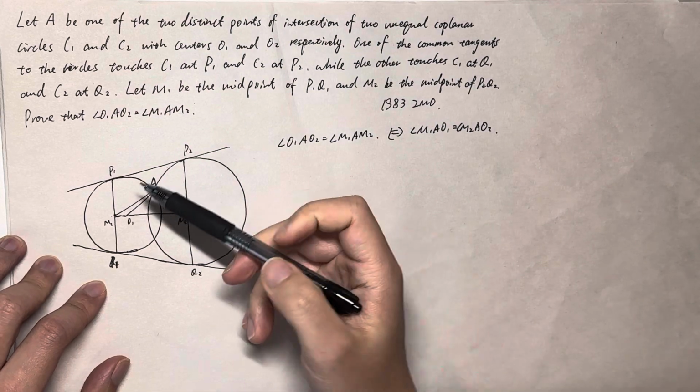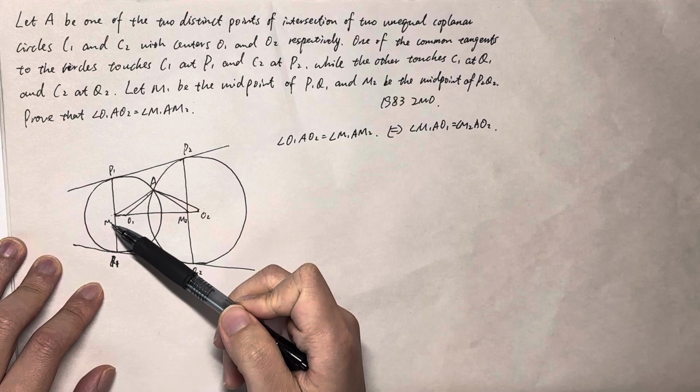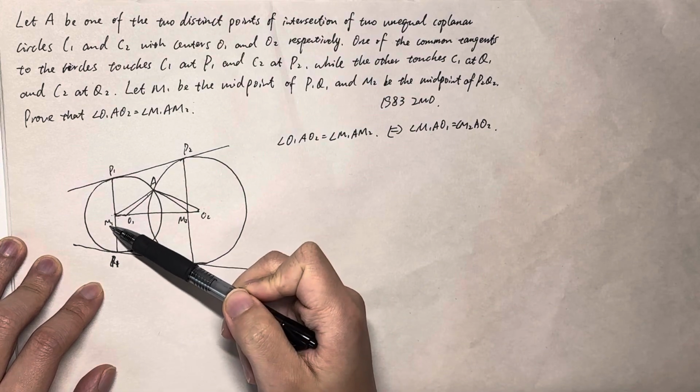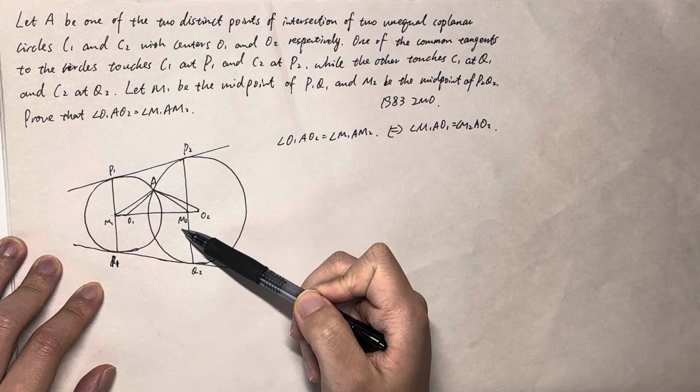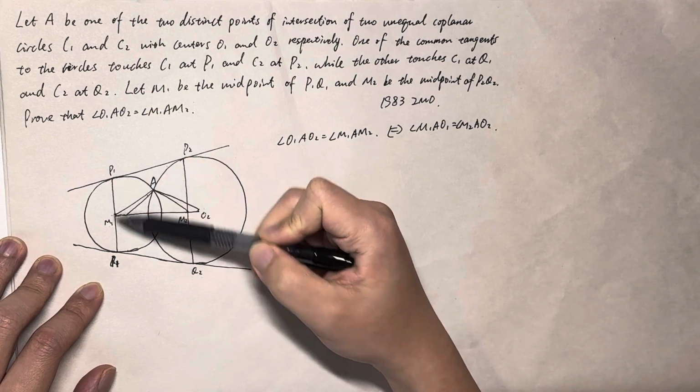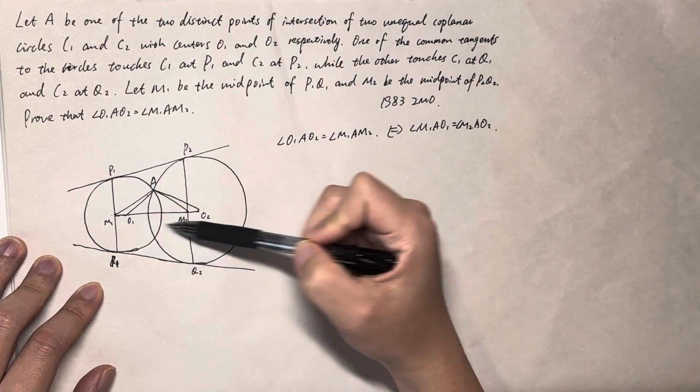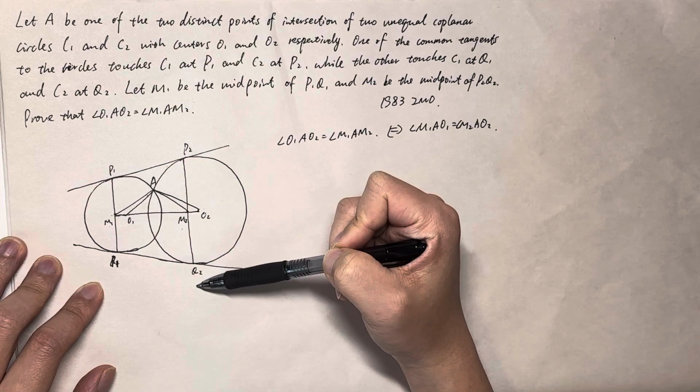So the first thing we notice: how do we get the points M1 and M2? They come from the tangent points. They are the midpoints of the tangent chords.